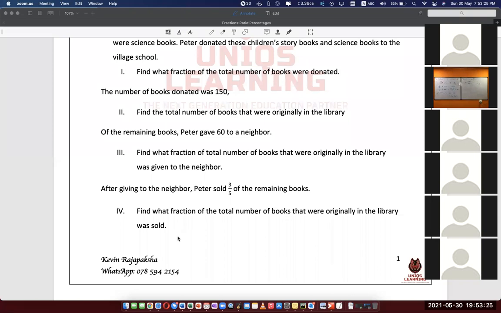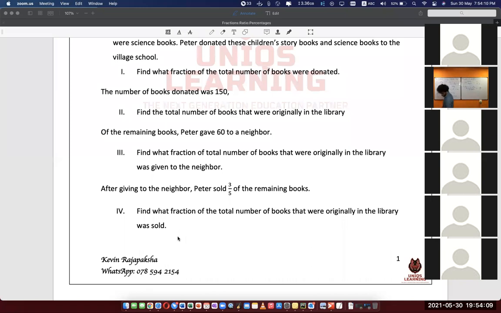So after giving to the neighbor, Peter sold 3/5 of the remaining books. He gave the neighbor 1/6 of the books. So the remaining after giving to the neighbor was what? 5/6, right? 5/6 was remaining.